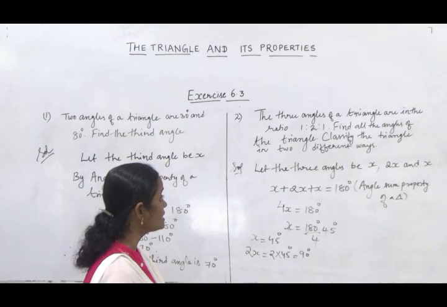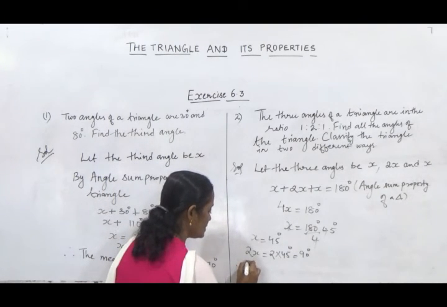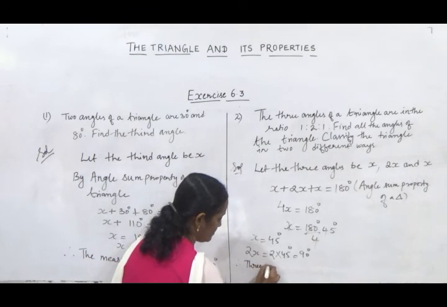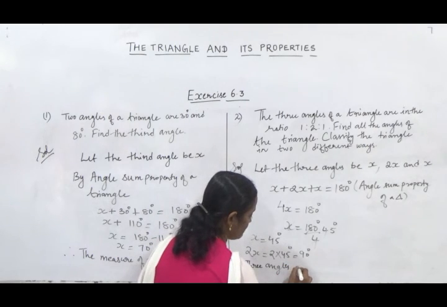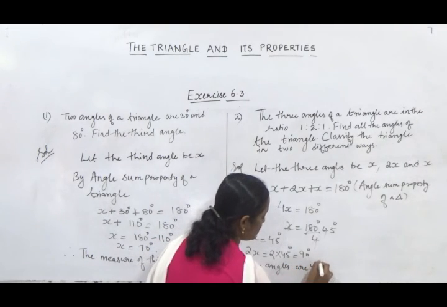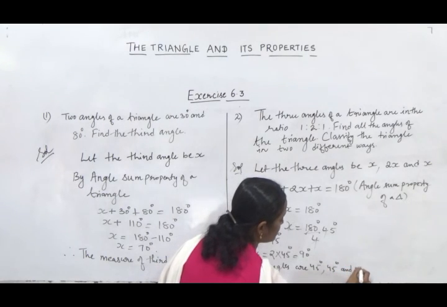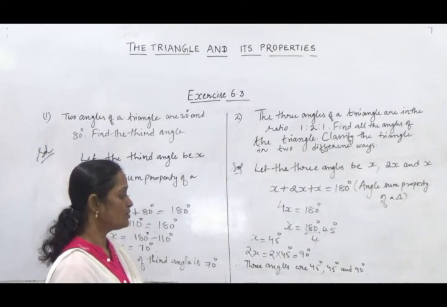Therefore the three angles are 45 degree, 90 degree and 45 degree. Now classify the triangle in two different ways.